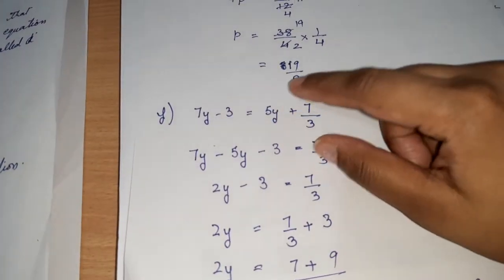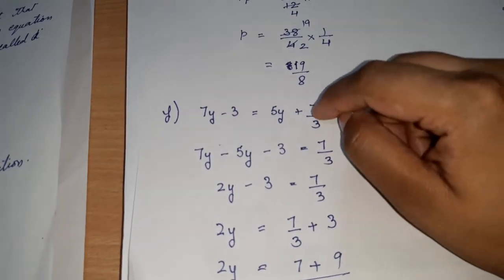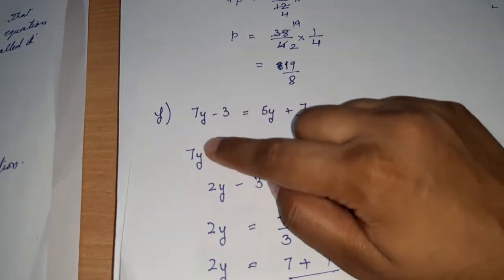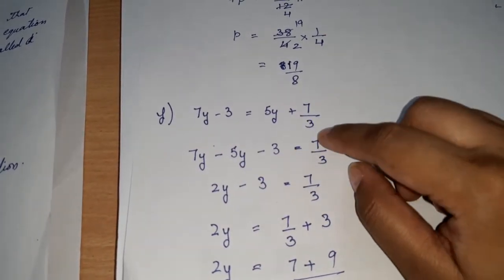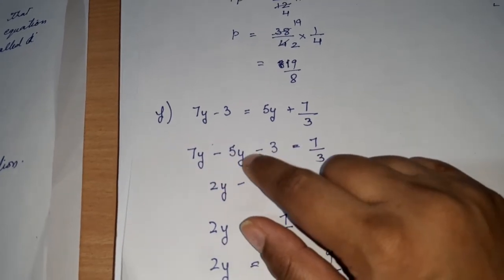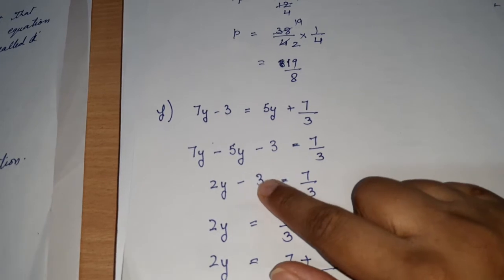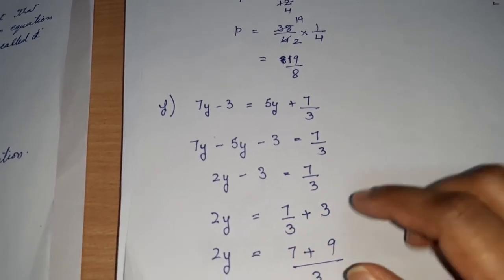Let's see one more example. 7y minus 3 is equal to 5y plus 7 by 3. Now what I'll do, I'll put all the like terms together. So 5y will go that side and it will be 7y minus 5y, and minus 3 is equal to 7 by 3. Now 7y minus 5y is 2y, minus 3 equal to 7 by 3. Minus 3 will go that side and it will become 7 by 3 plus 3.